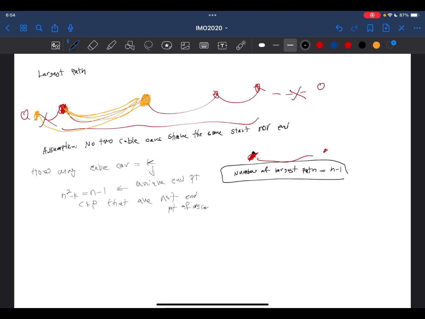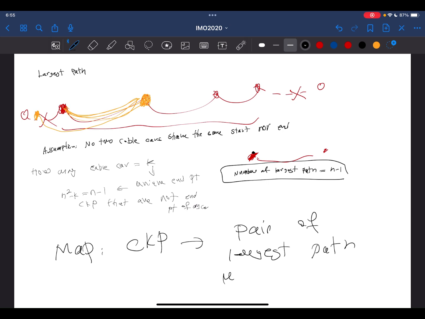Okay, now I'm going to consider a mapping that would basically map each checkpoint to a pair: a largest path using A cars and a largest path using B cars.